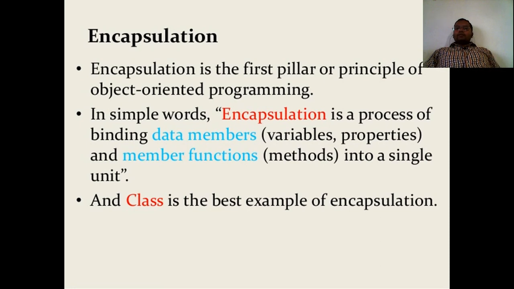In simple words, encapsulation is a process of binding data members (variables, properties) and member functions (methods) into a single unit. And a class is the best example of encapsulation, because whatever these things are, they are present in a class.